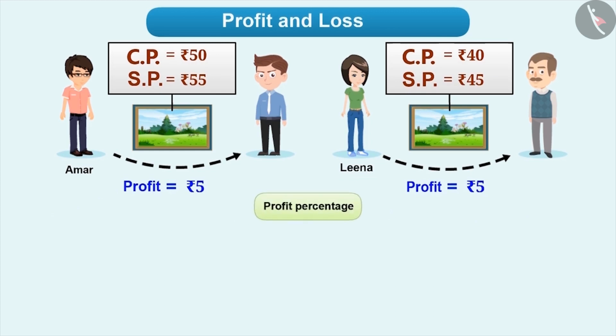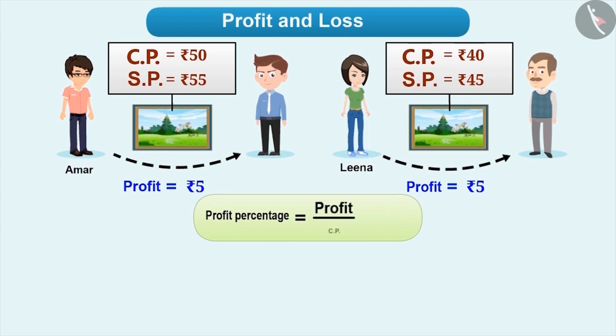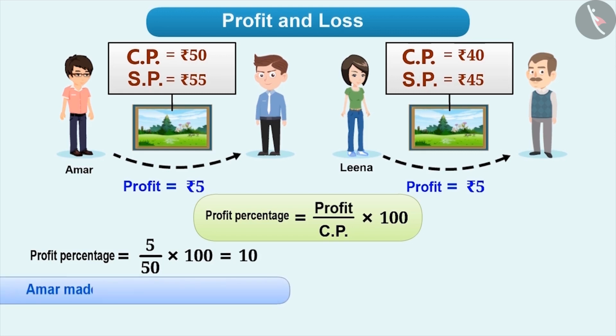We know that to represent any fraction in percentage, we multiply it by 100. Therefore, profit percentage is equal to profit by cost price into 100. So, profit percentage of Amar is equal to 5 by 50 into 100, which is equal to 10. That means Amar has made 10% profit on the cost price.